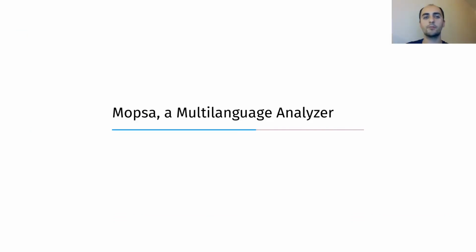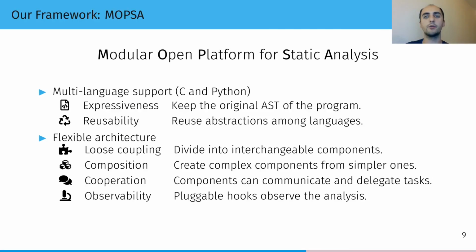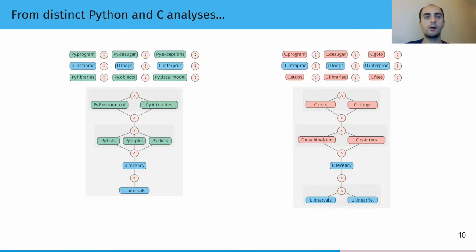Now let's talk about MOPSA, which is the multi-language analyzer we use. MOPSA provides a language-agnostic framework for relational static analysis, and it features a loose coupling of abstract domains that can be composed and cooperate to improve the precision. So here are schematic representations of the domains used in an example Python analysis and the domains used in a C analysis.